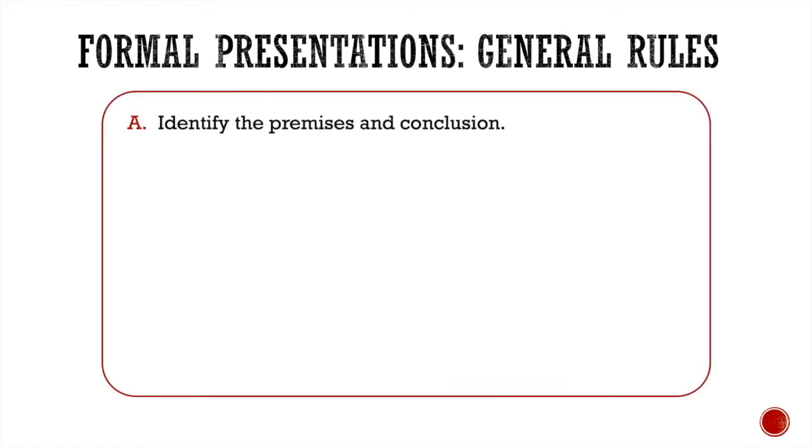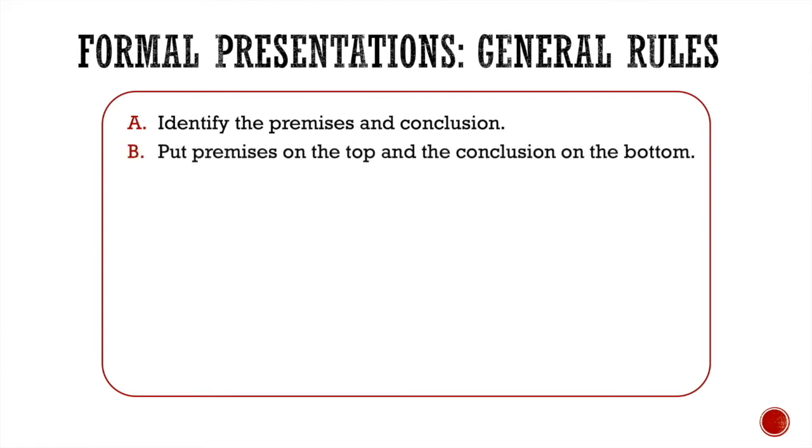And here I will give you some general rules on how to start off such a formal presentation. The rules would be, first, identify the premises and conclusion. Then put the premises on the top and the conclusion on the bottom. Number the premises and conclusion.